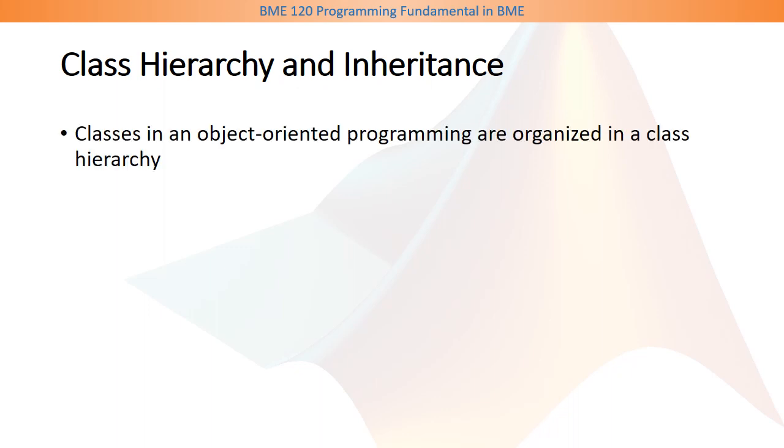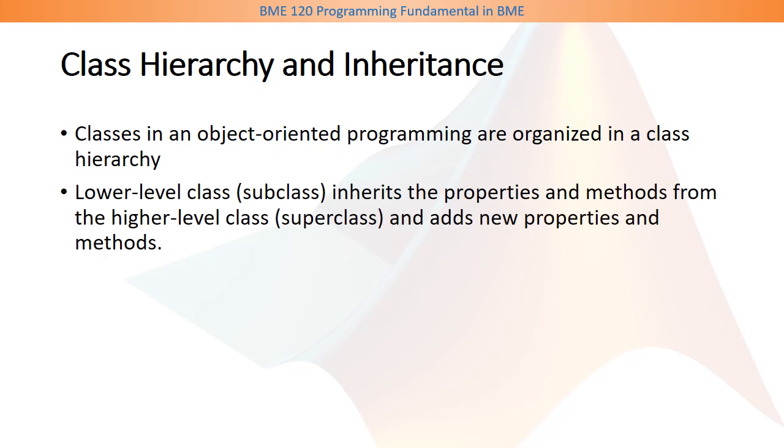Classes in object-oriented programming are organized in a class hierarchy. The low-level class, which is called a subclass, inherits the properties and methods from the high-level class, which is called a superclass, and can add new properties and methods.